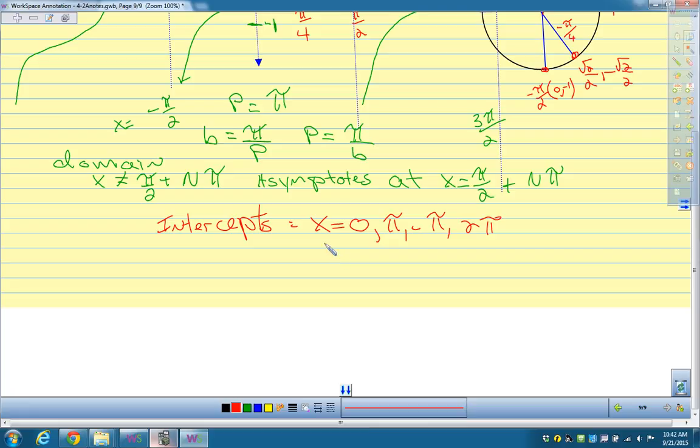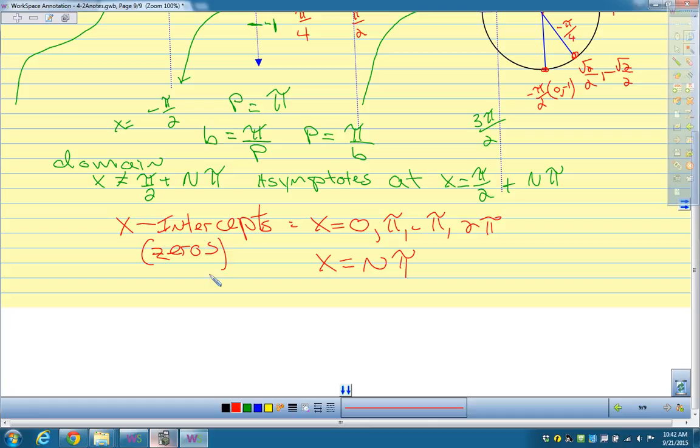The way you would write that shorthand is x equals n times pi, multiples of pi. That makes sense? So 0, pi, every multiple of pi. Intercepts, also known as zeros. Or, sorry, I should have said x intercepts.